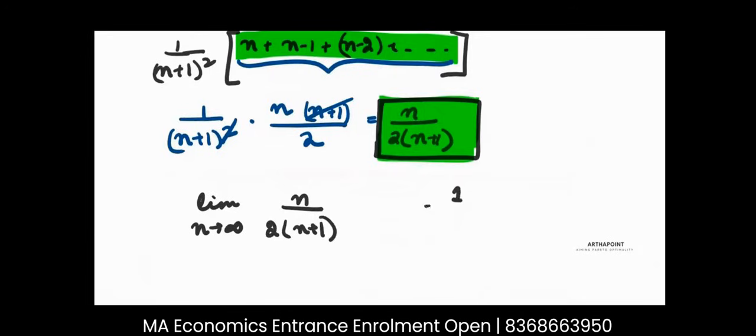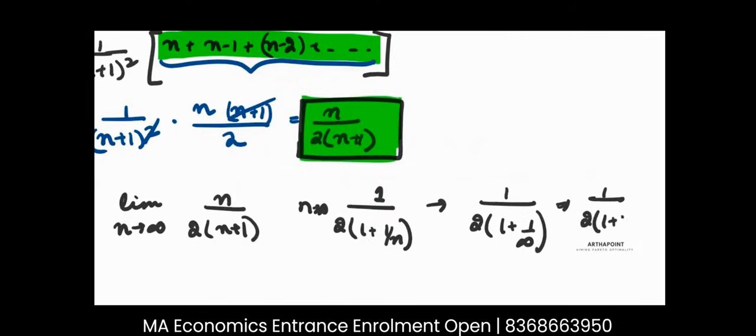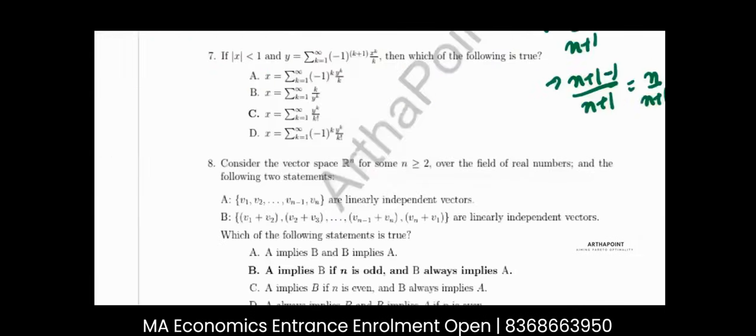So I will get 1 upon 2, 1 plus 1 by n. And now I will just approach n tends to infinity. So it will be 1 upon 2, 1 plus 1 by infinity. Anything by infinity is 0. It will be 1 by 2. So its limiting value will be 1 by 2. So the answer to this question is B.